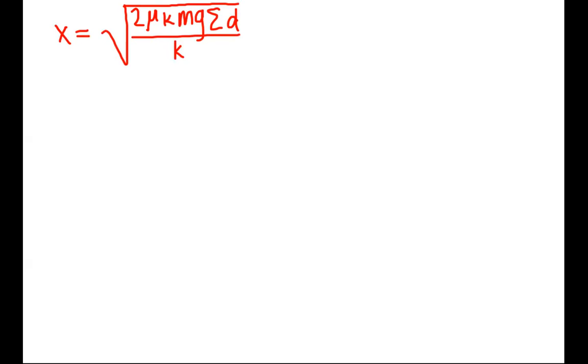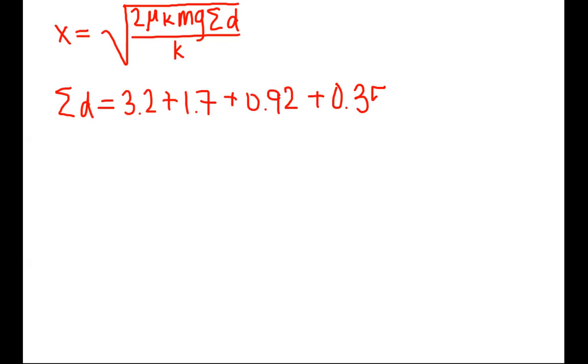Okay, so using the values that we were given, we have that the sum of the distances is equal to distance 1 of 3.2 plus distance 2, which is 1.7, plus distance 3, 0.92, plus distance 4, which is 0.35.